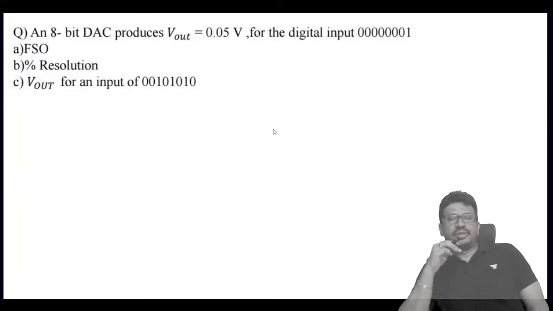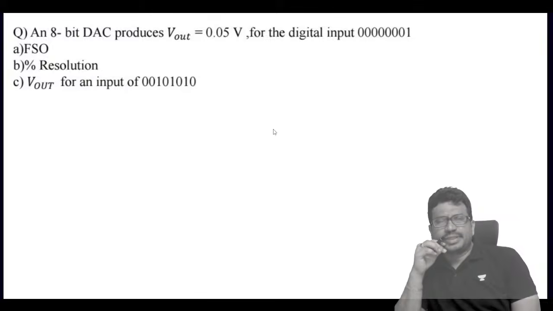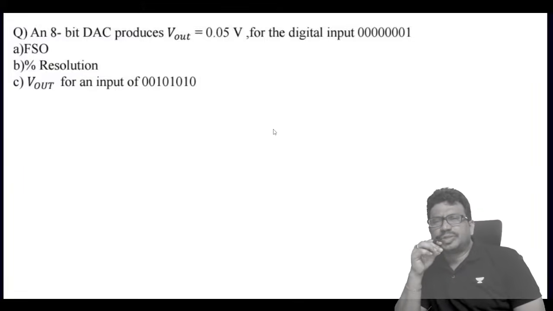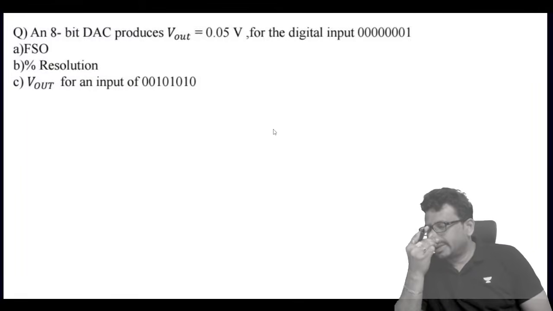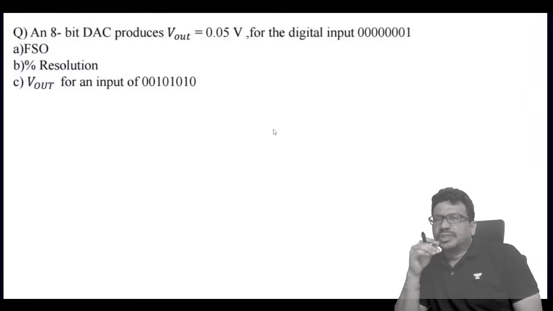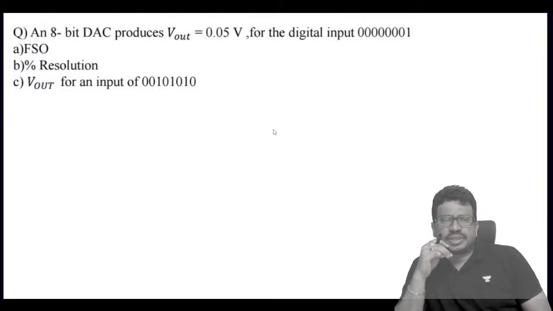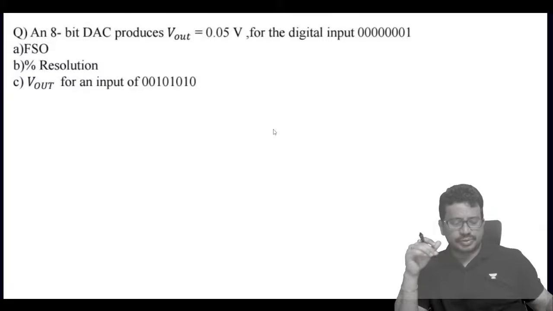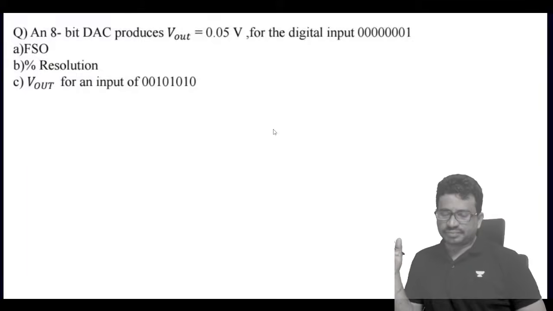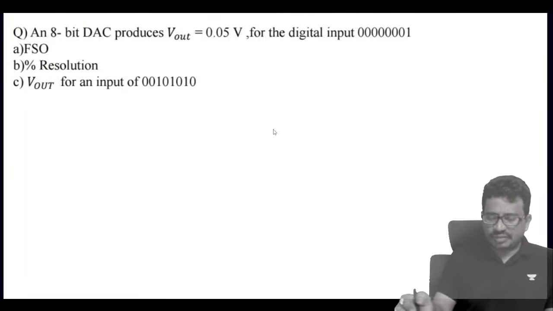Next. An 8-bit DAC produces an output voltage of 0.05 volts for the digital input given, and they ask us to find the full scale output voltage and the percentage of resolution. First of all, the number of bits is given as 8.